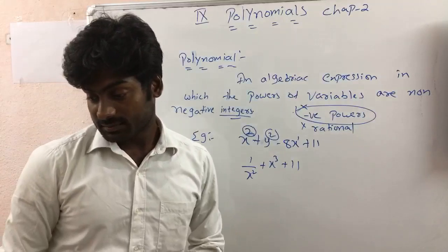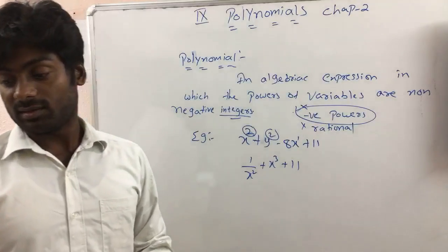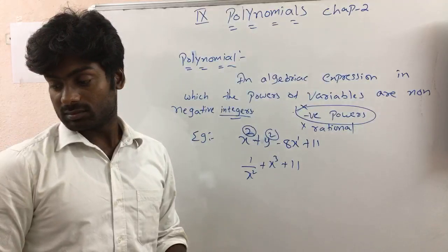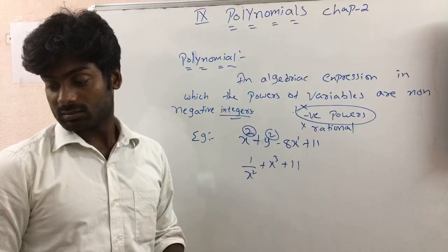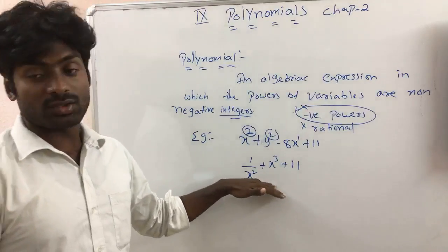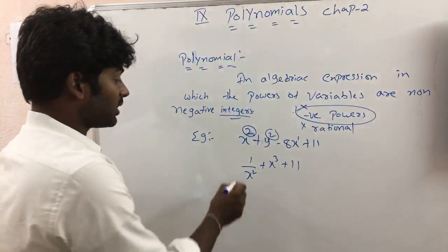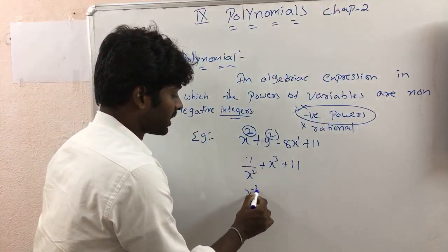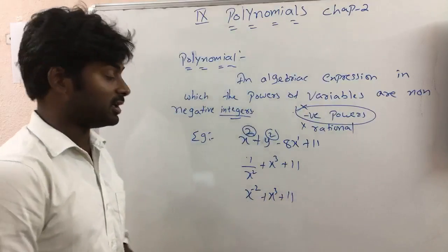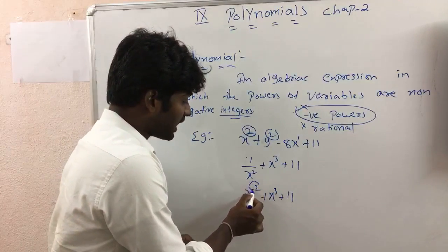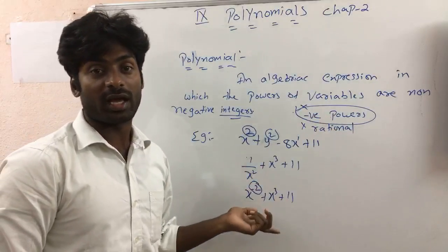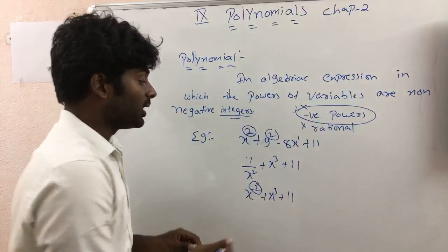No. Why is it not a polynomial? See, if I write this as x power minus 2 plus x cube plus 11, if you observe carefully, here the power is a negative integer. We should not have a negative integer. I already told you. So it is not a polynomial.